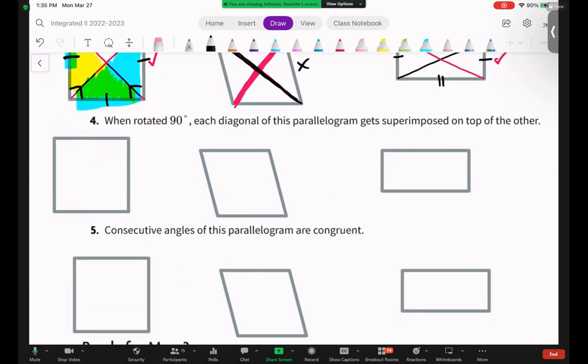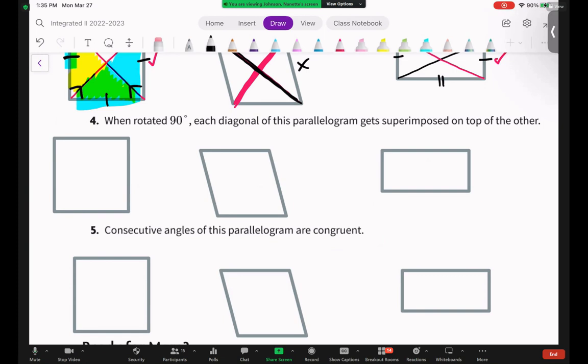When rotated 90 degrees, so what does that mean? Like I pick up my square and I rotate it 90 degrees. I pick it up and I turn it. Does that make sense? Each of these parallelograms gets superimposed on top of each other.